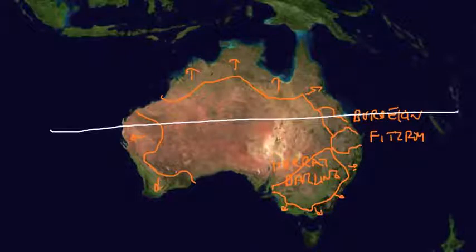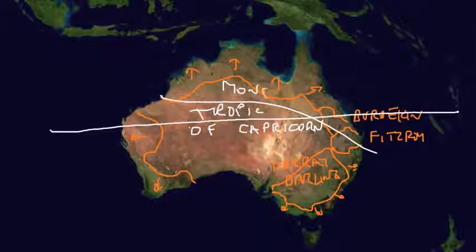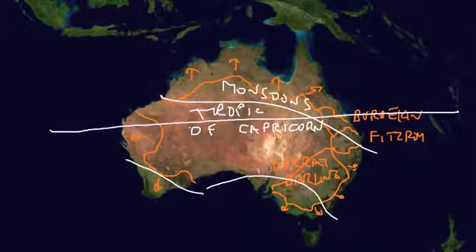This is the Tropic of Capricorn, and what we see is to the north we have very much monsoonal rains that occur. So these are monsoons, which are summer rains, versus to the south we have winter rains, Mediterranean climate.